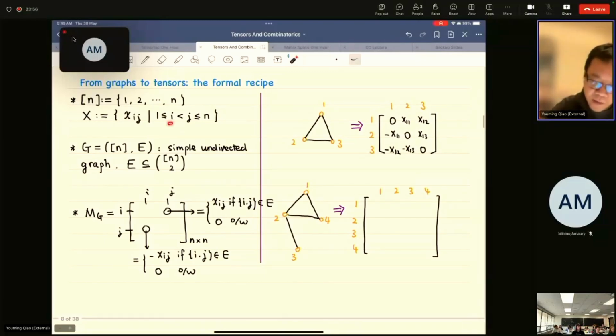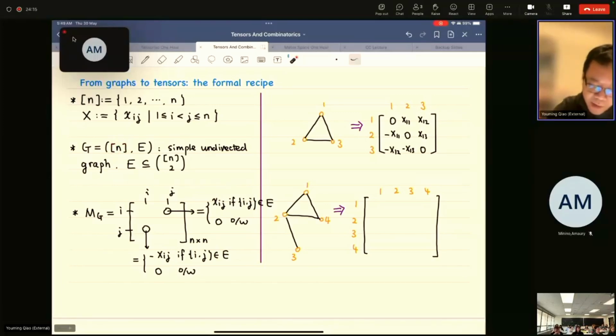So it will be i less than j, so that's the difference from the bipartite setting. And when we talk about the so-called general simple undirected graph, we'll be talking about a graph with vertex set labeled by 1, 2, 3 up to n already.